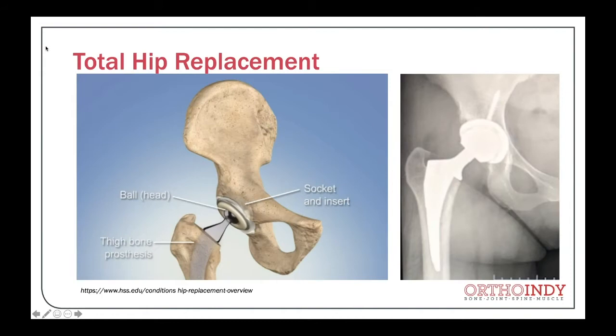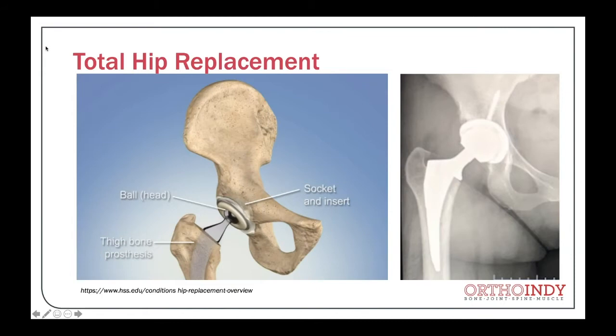And then a prosthetic ball or head made of either a special metal or ceramic material is placed on that upper part of the stem. And this ball replaces the previous damaged femoral head that was removed. And then the damaged cartilage on the socket side is also removed and replaced with a specialized metal socket.